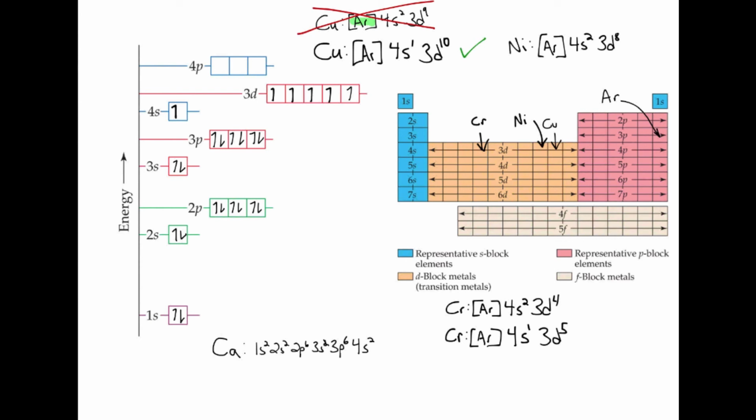And like always, the question we need to think about and answer is, is it worth it? Is it worth doing this bad thing to the 4s to do a good thing to the 3d? And the answer is yes. Again, just like in the case of copper, my correct answer here is this anomalous, or at least seemingly anomalous, option, where I take an electron from the 4s and I place it into the 3d.